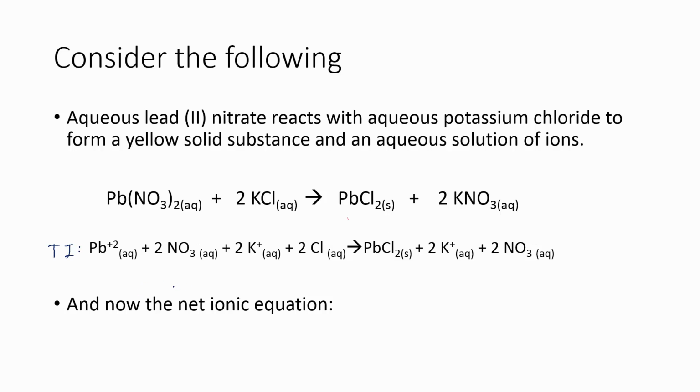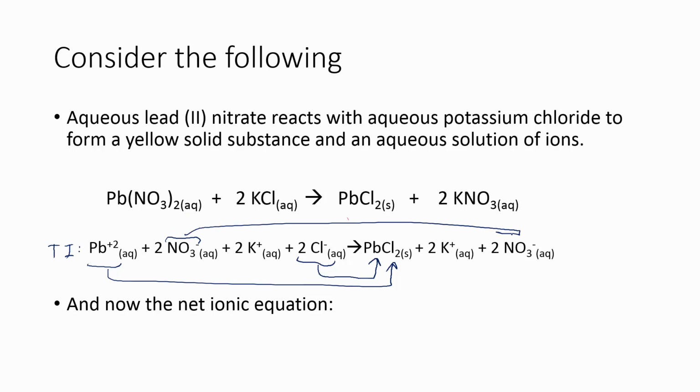Now for the net ionic equation, we just look at what changes. So lead becomes lead chloride. The chloride's part of that. But the nitrate ions stay exactly the same on both sides, and the potassium ions stay exactly the same on both sides as well.